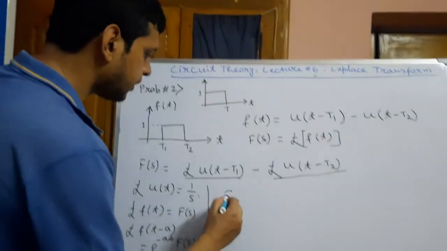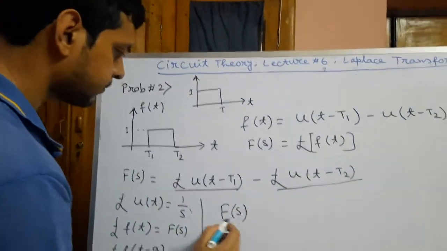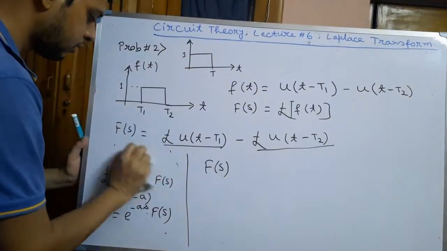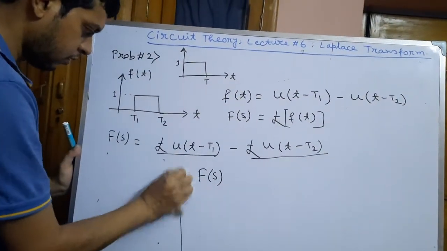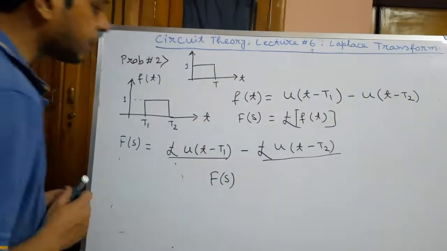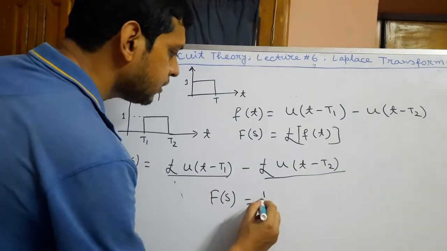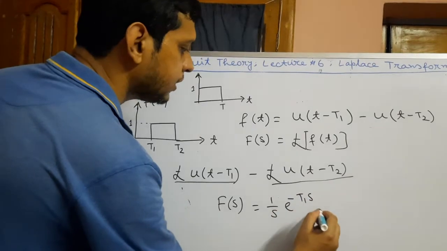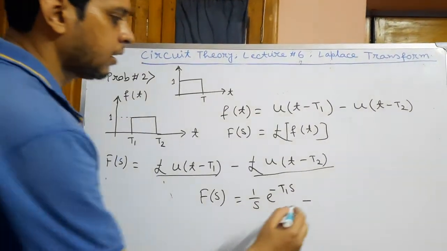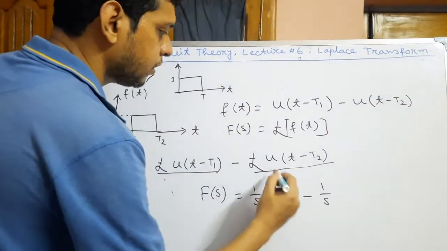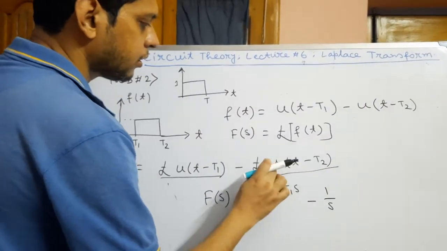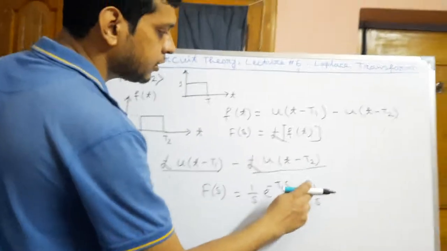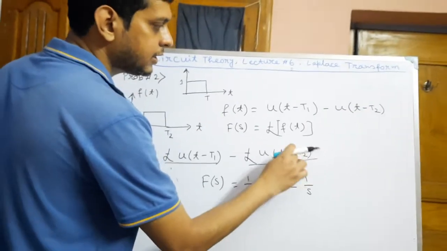Therefore F(s) equal to 1 by s e to the power minus t1 s minus, for this one the Laplace transform of the unit step function is 1 by s, but this is a delayed function.